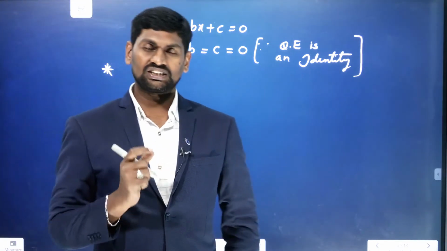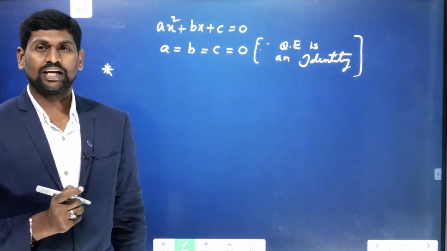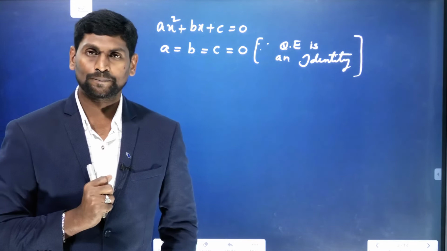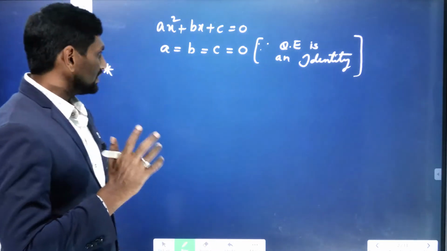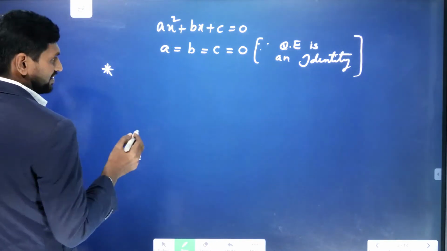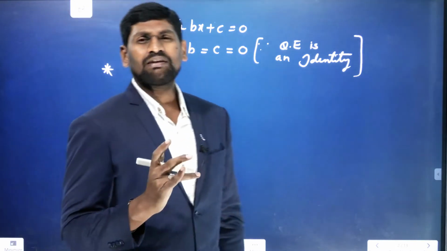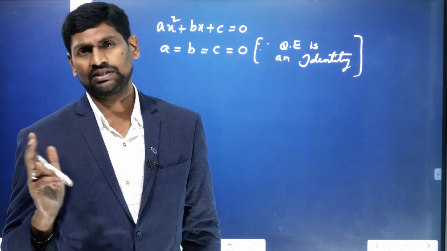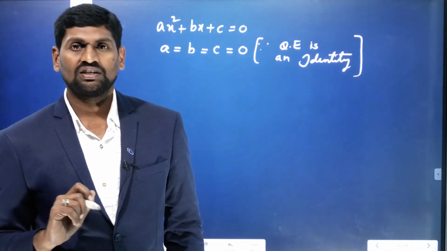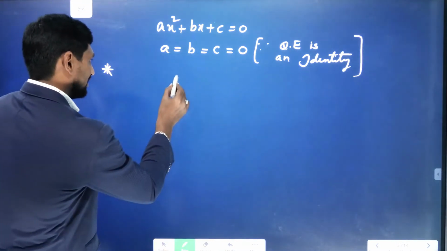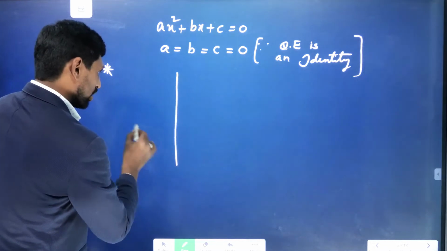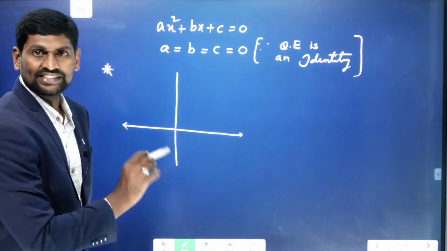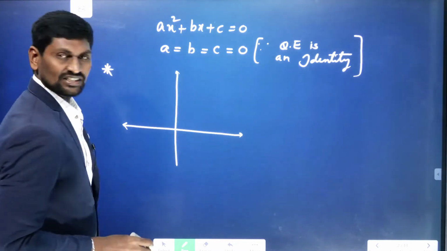You already learned that a quadratic equation has two different roots or two distinct roots. Two distinct roots means there can be any two different complex numbers. Okay? For this, there is a possibility while drawing the graph. I am just taking it: this is the x-axis and this is the y-axis.